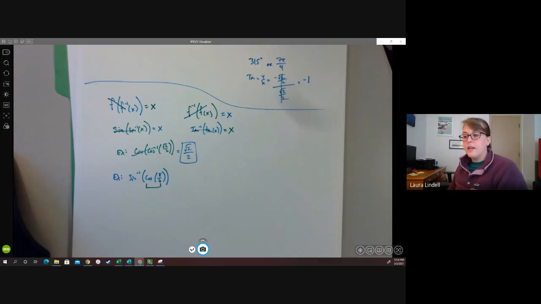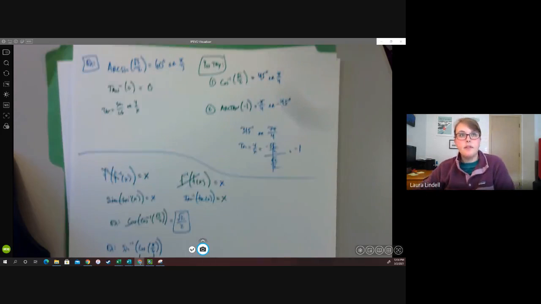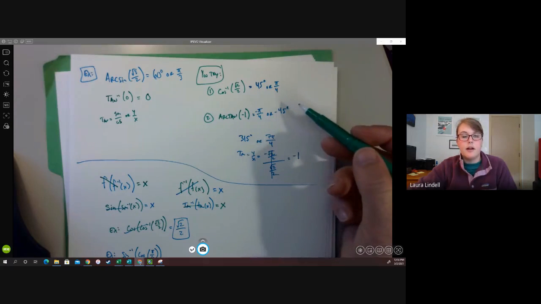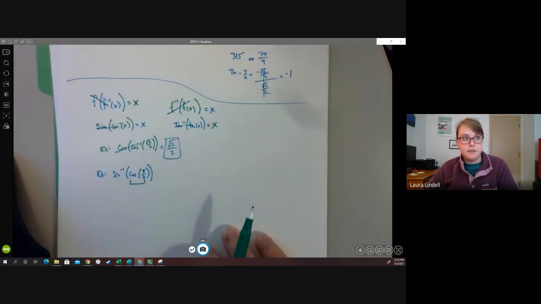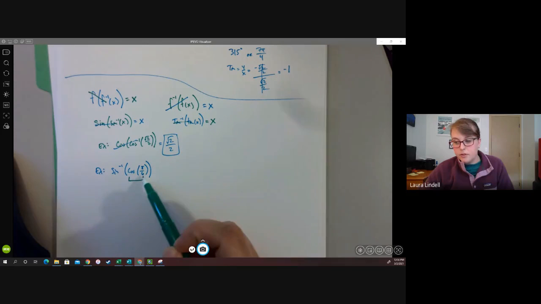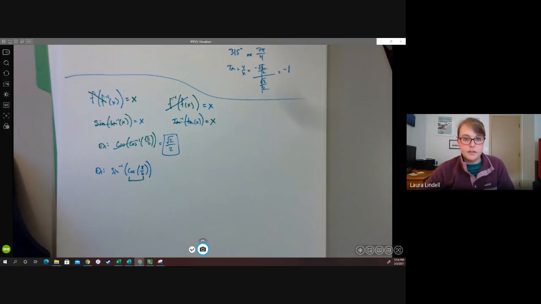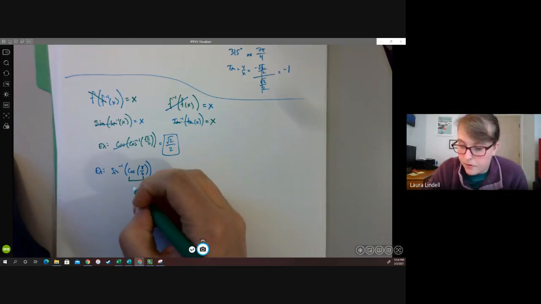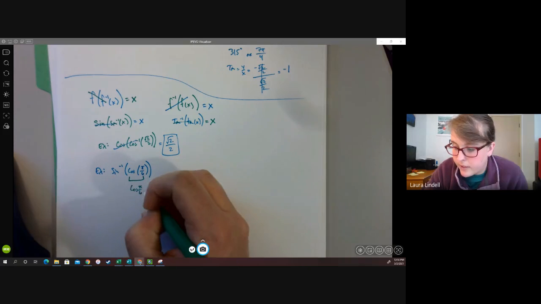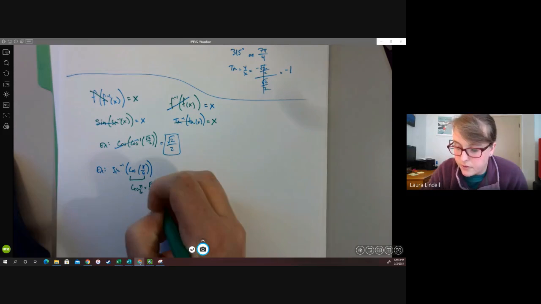So this one is more like the kind that we did up here. It just has an extra step to it. First you figure out what cosine of pi over 6 is. And we know from the unit circle that cosine of pi over 6 is root 3 over 2.